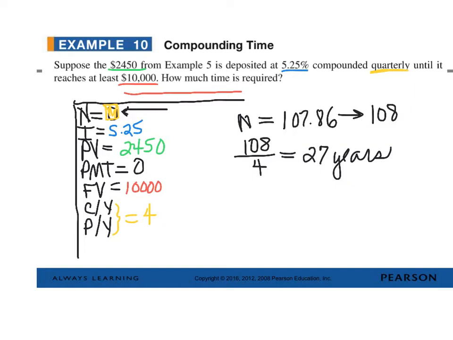So the TVM solver is actually quite a bit of help in this whole chapter. As long as you know any 4 pieces of information here, you can always find the last piece of information you need.